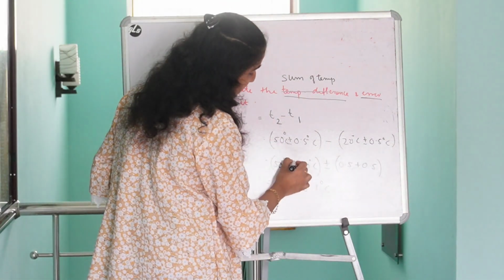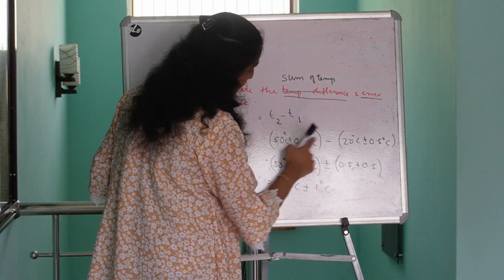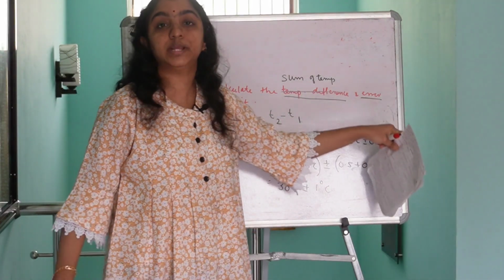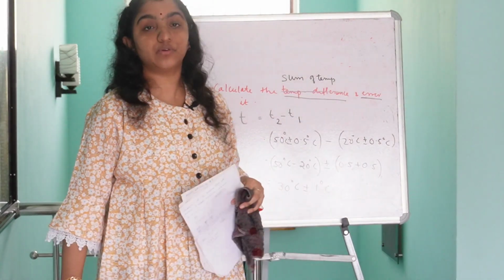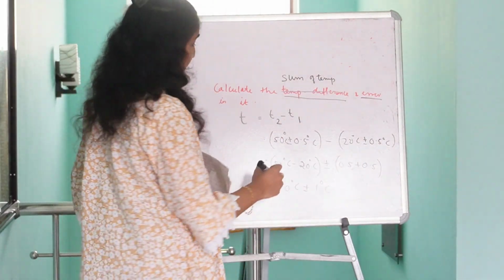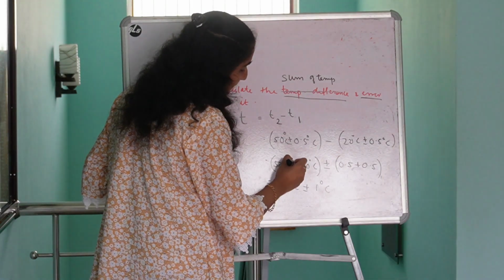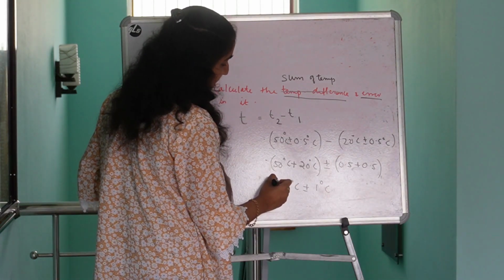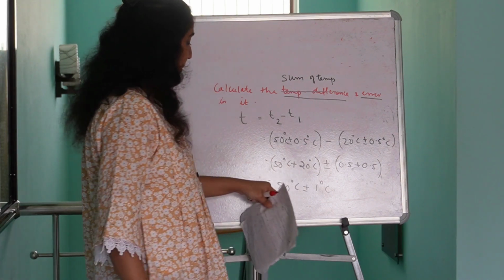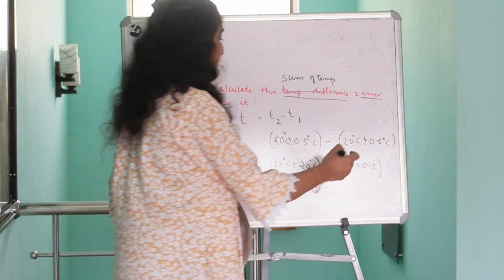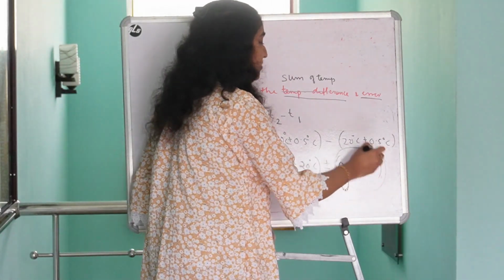Only one difference: here you are subtracting 20 from 50 because you are asked to find the temperature difference. If you are asked to find the sum, instead of subtracting 20 from 50, you simply add these two temperatures. Thus the value becomes 80 degrees Celsius plus or minus 1 degree Celsius. There is no change in the maximum possible error.